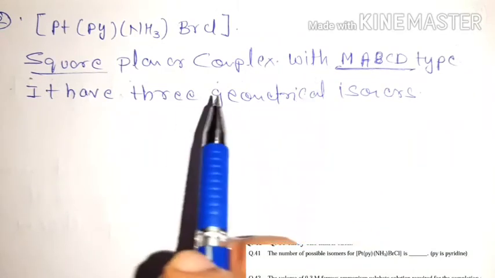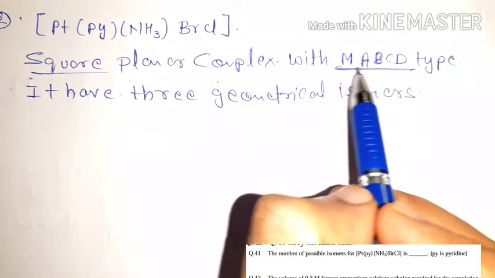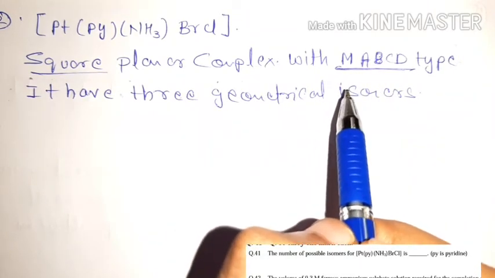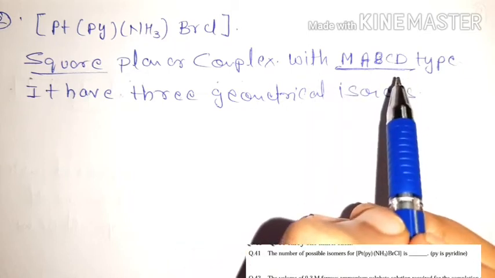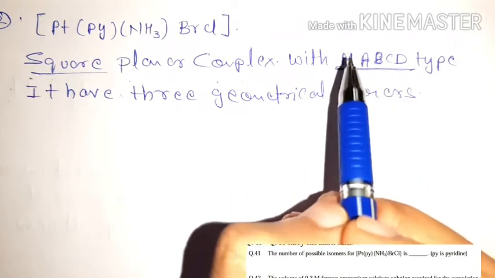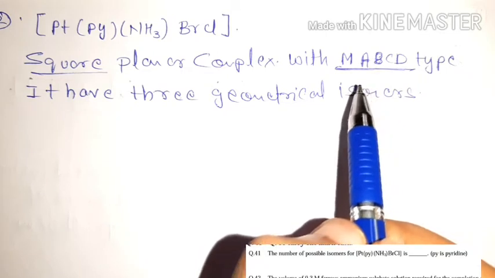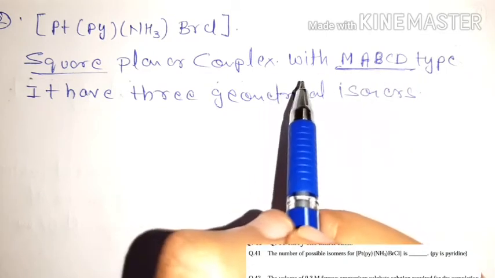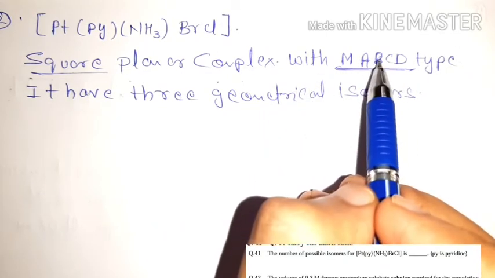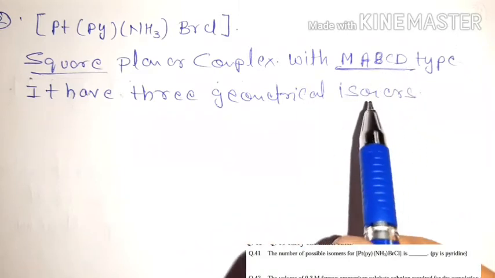For example, in your first isomer, A and B can be trans to each other, in another isomer A and C can be trans to each other, and in the third isomer A and D can be trans to each other. So in all these isomers, A can be fixed and B, C, D can change their relative positions.